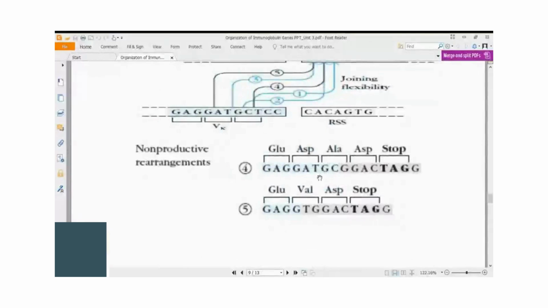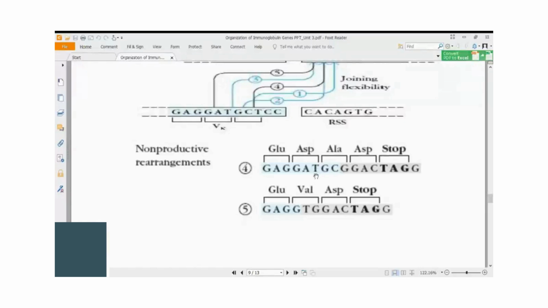The same thing could happen in the lambda or in the heavy chain gene, and that will result in non-productive proteins, which will not be able to construct the receptor on the membrane of the B lymphocyte. And if this happens repeatedly in a B lymphocyte, where more non-productive peptides are produced, that B lymphocyte undergoes apoptosis.